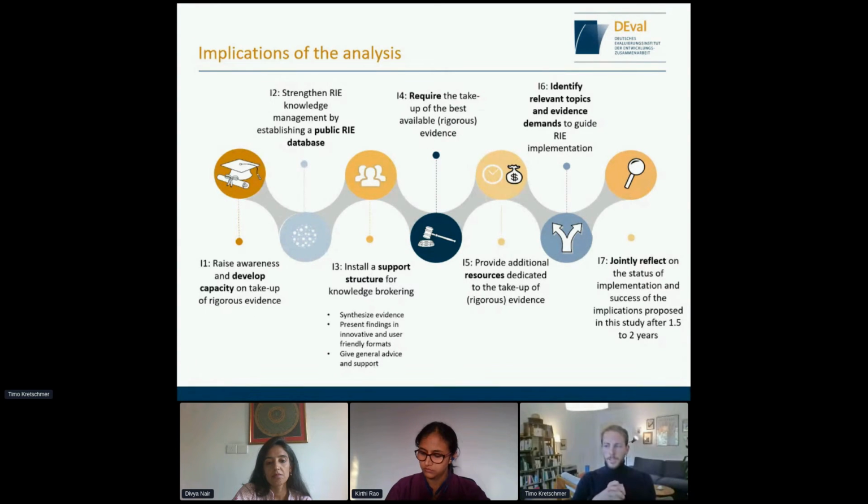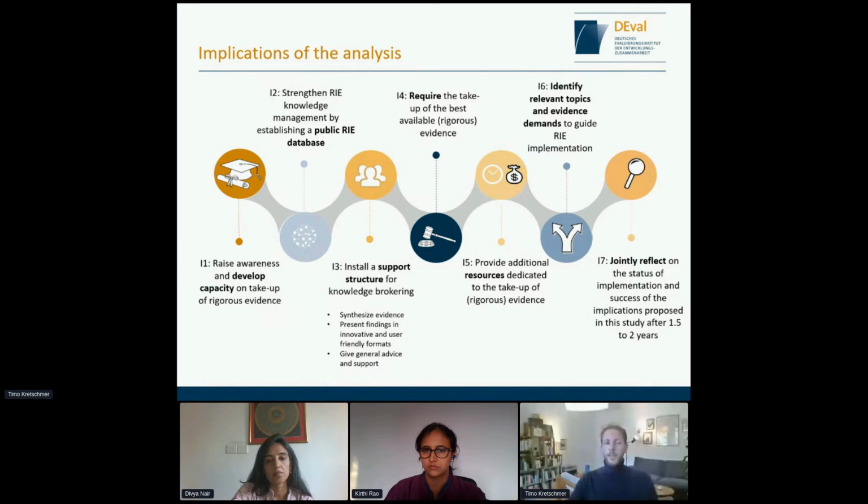Third, we think it would be good to install a support structure for knowledge brokering, and this support structure could take tasks such as synthesizing evidence and presenting findings in innovative and user-friendly formats. If we think about the What Works network, that's something that a lot of those centers already do quite well. And the support structure would also give general guidance and advice for evidence take-up.